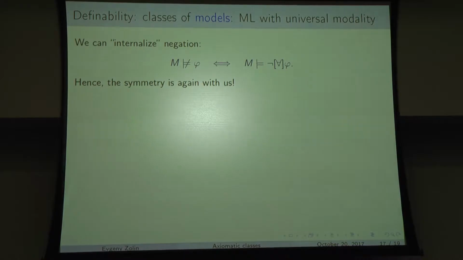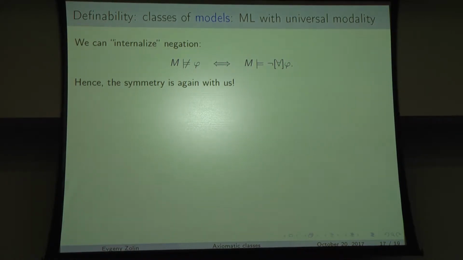And as a last example, if we consider the modal language with universal modality, and again we are now considering classes of models, not pointed models, then we are happy because we can internalize negation now. A model does not satisfy some formula, we can express it in the modal language with the universal modality, if and only if in this model the formula not universal modality phi holds.